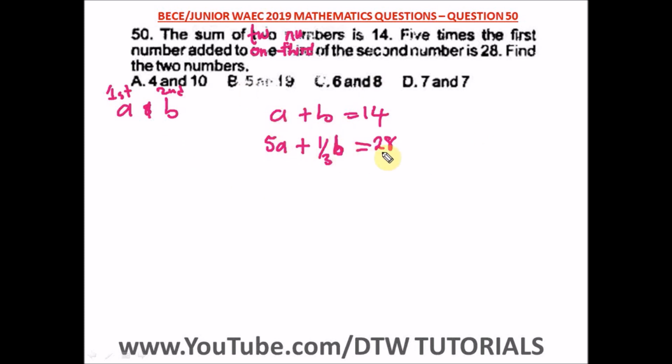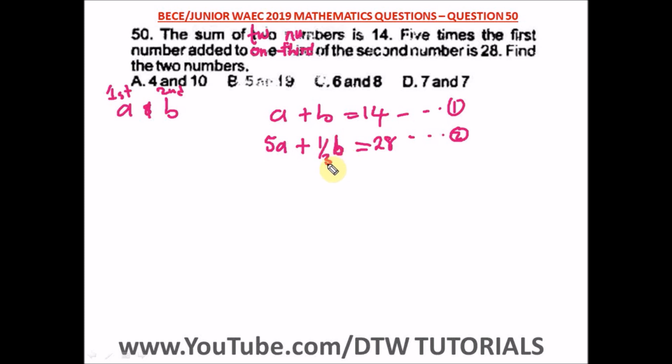In simultaneous equations you can decide which to use, either substitution or elimination. I prefer to use the elimination method because it's quite straightforward. So let us simplify this particular equation. Here we have equation 1 and equation 2, but let's simplify this equation so it's easier for us. To simplify this, let's take out this particular denominator here, which is 3.